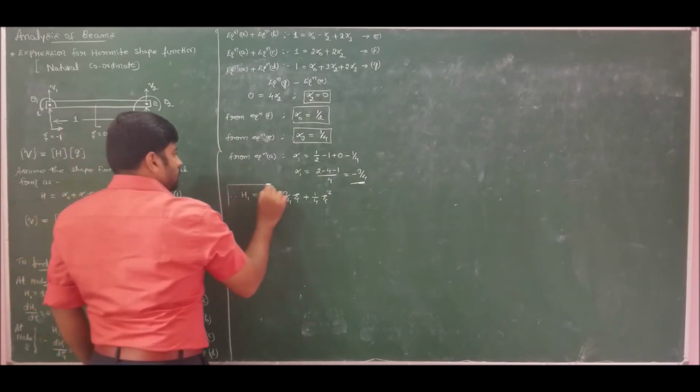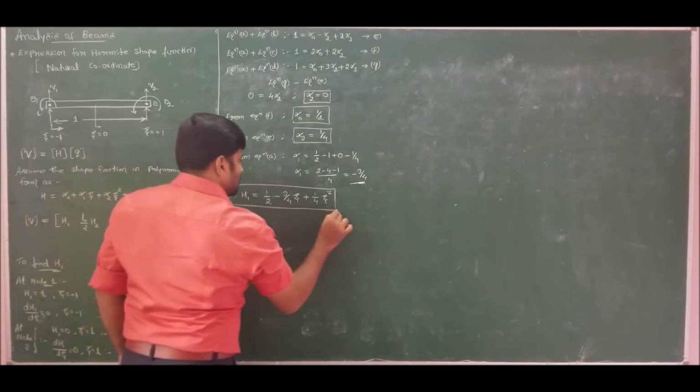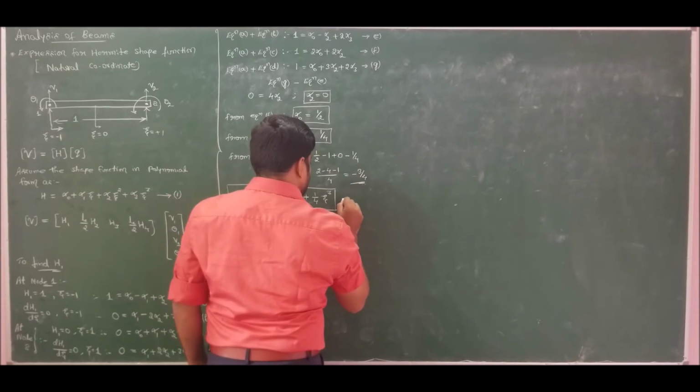So this is the value of Hermite shape function h1. This is from equation 1.